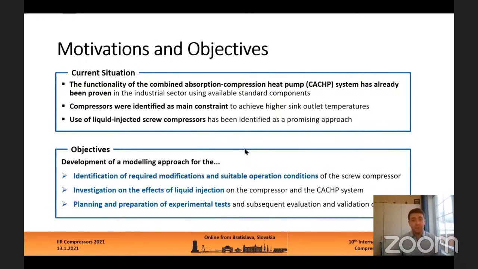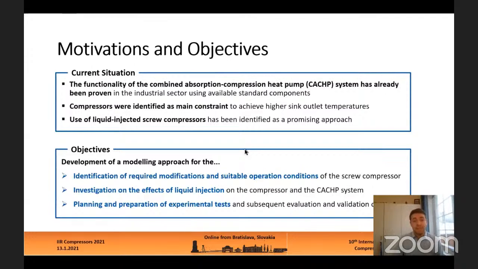The objective of this work is the development of a modeling approach for the first identification of required modifications and suitable operating conditions of such a screw compressor, because we found that there is nothing available on the market. So we have to discuss modifications with the manufacturer and evaluate them ourselves.